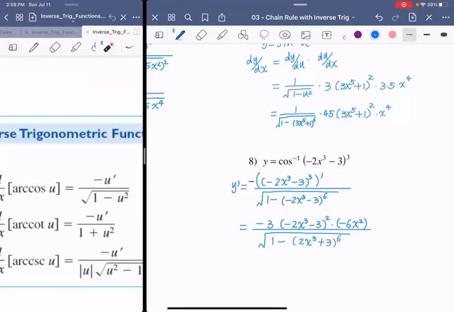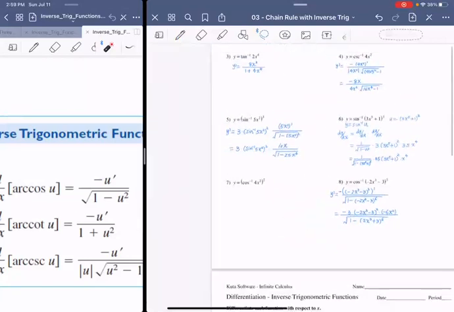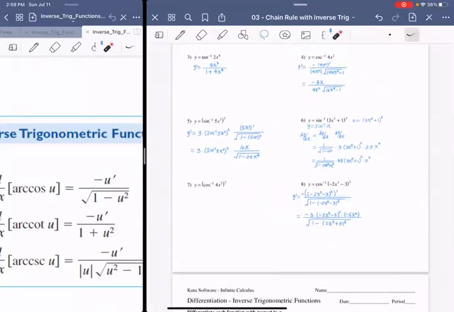That's it. That's the answer for question 8. I think this is very good practice. They put those similar questions on both sides, and you are going to drill your inverse trigonometry formulas together with the chain rule and power rule.